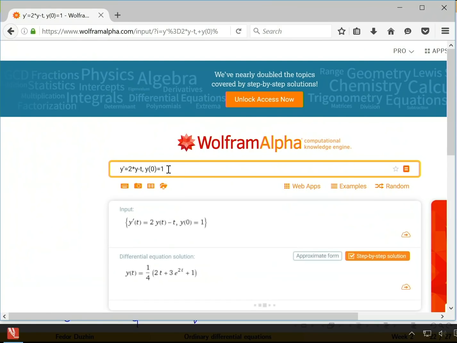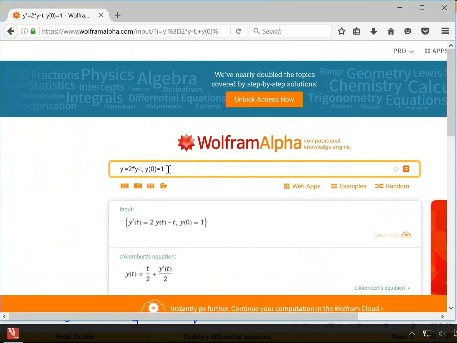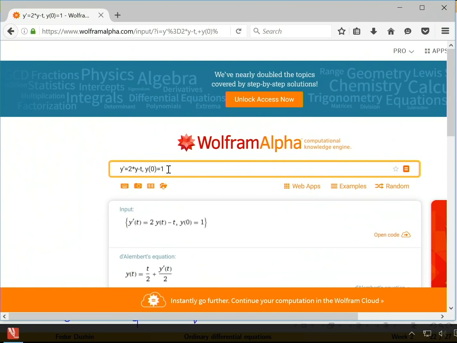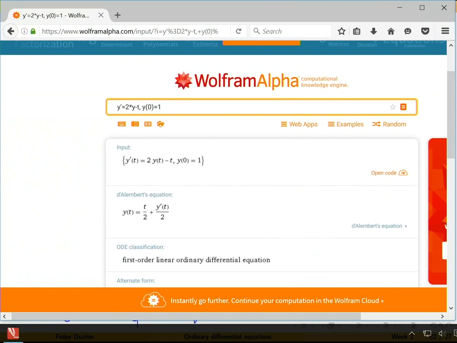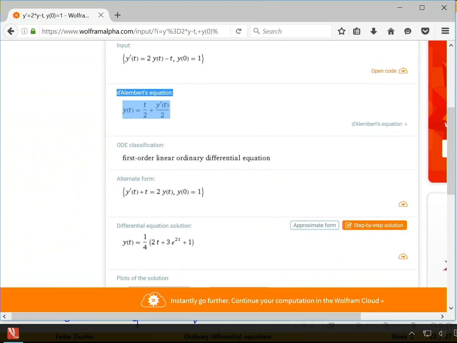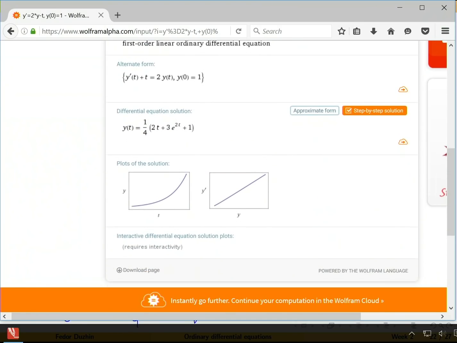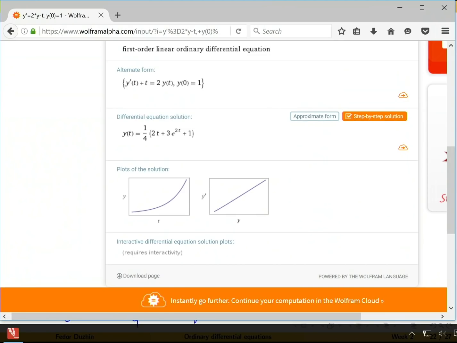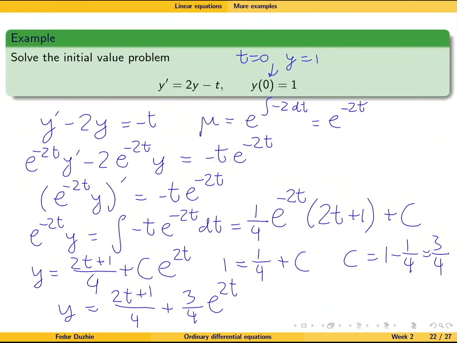Are we going to get the same thing? So the coefficient at e to the 2t is 3/4, and the coefficient at 2t plus 1 is 1/4. So I think it's correct. Yeah, that's exactly the same thing as we got. So it's correct.